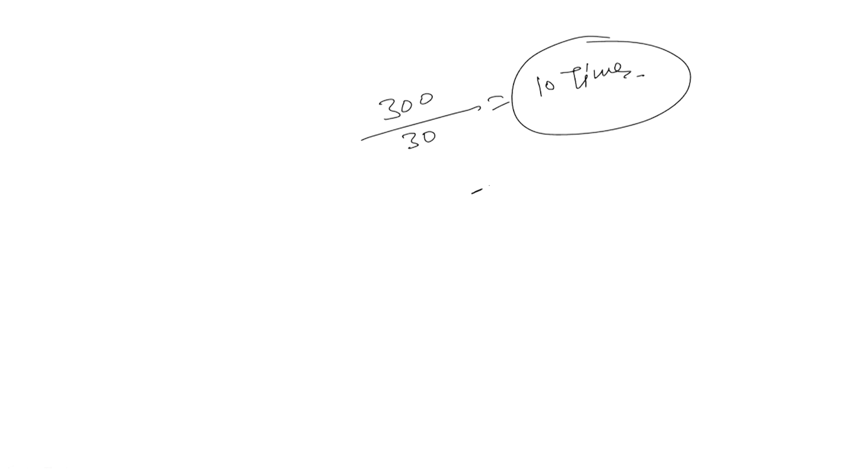After calculating the inventory turnover ratio, we have to calculate the next ratio. So, what you have to do is divide 365 by 10, and it means days of stock holding are 36.5.